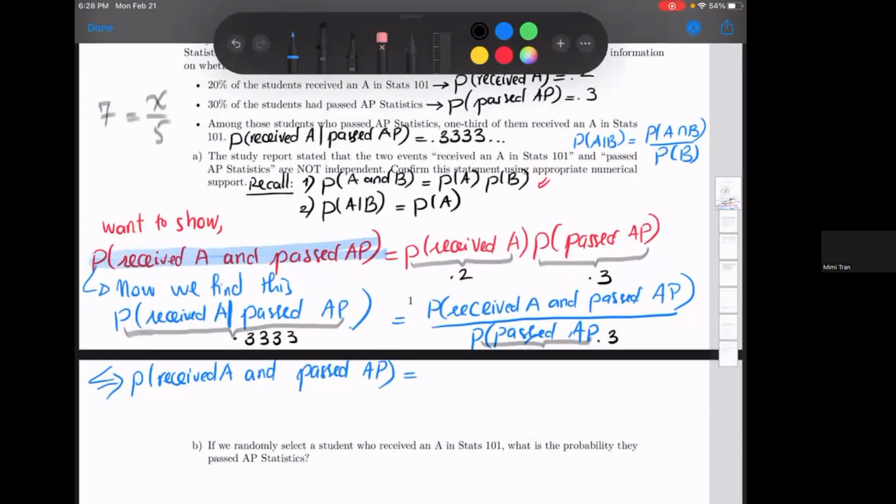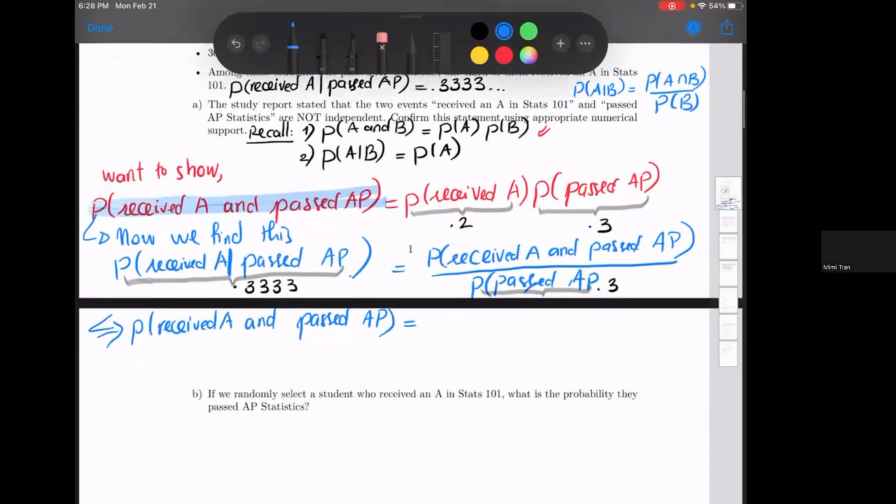How do I solve for x? X equals 7 times 5. So this is your x right here. That's your x. Yeah, you're right. If you want to simplify it, that's how you do it.